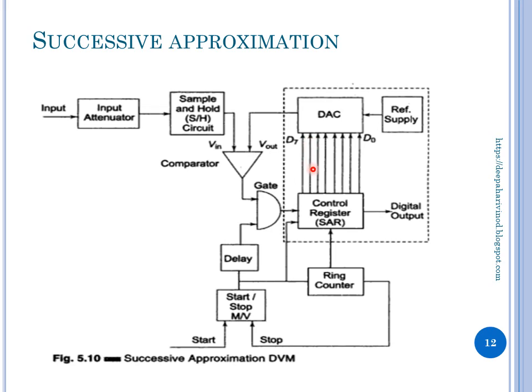This converter output then returns to its previous value of 1 by 2 volt, and waits for another input of SAR. In this way, the successive approximation ADC works.